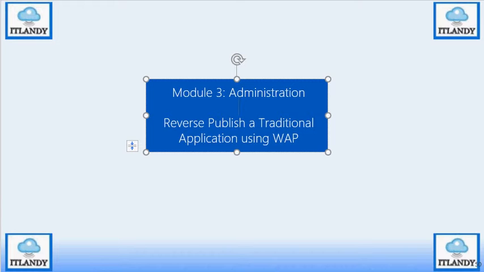For today, we will continue on Module 3 for Active Directory Federation Services, and we're going to cover reverse proxy with traditional application using WAP, and we will be covering Federation Trust as well.